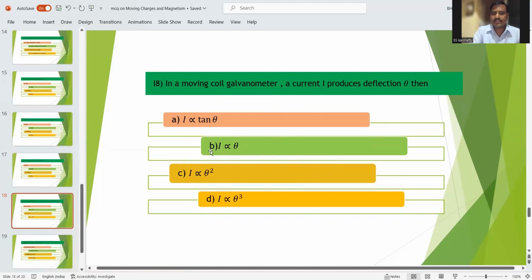Yes, this is the answer. Option B is the right answer. I directly proportional to theta square or theta cube? No. Option B is right because the deflection is directly proportional to the current. That principle is used in the moving coil galvanometer, right?